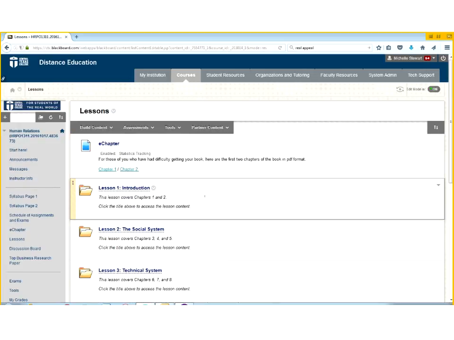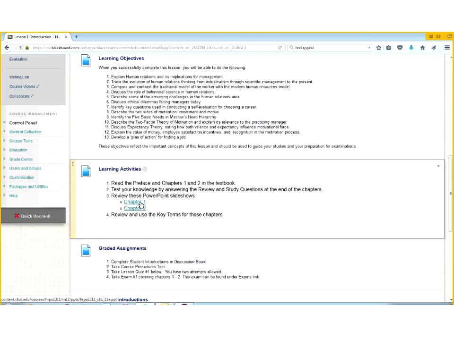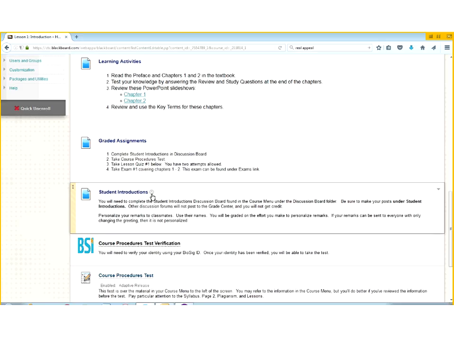All right, so here you see lesson 1. Anytime it's underlined, that means there's more behind that particular topic. You notice here that the PowerPoints are there, and then you notice this assignment, student introductions. If you went back to syllabus page 1, you would see this is an assignment.